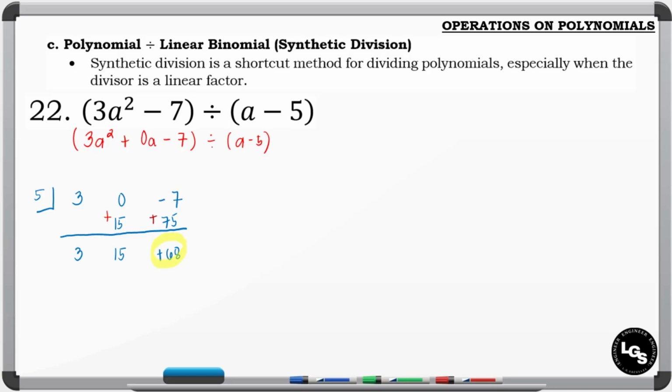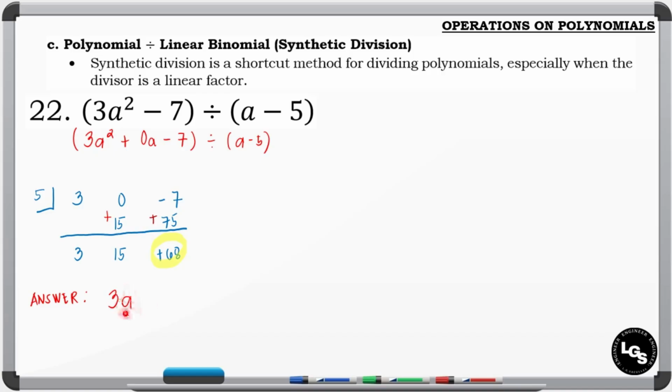So in writing the answer, we have started with the a squared. So the leading term of the quotient now will be decreased by 1 in its exponent. So a squared will become a. Then we will copy the numerical coefficient. So that is 3a.